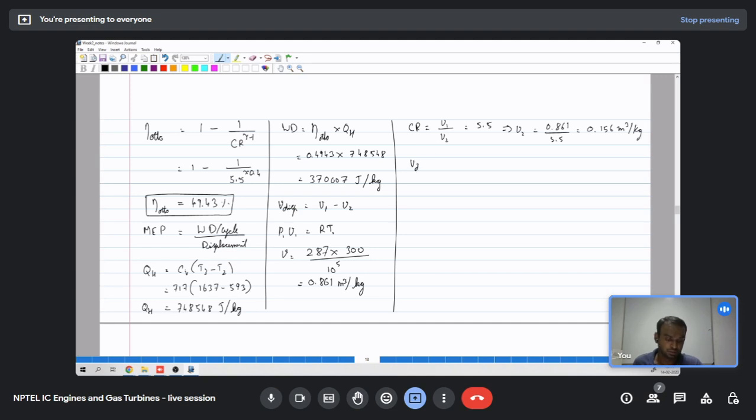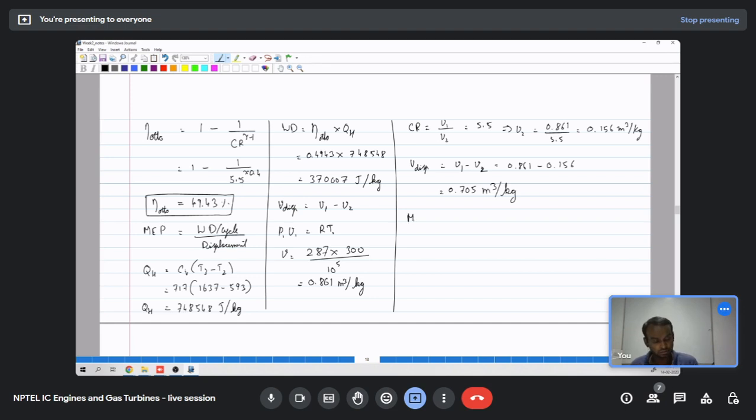Now V displacement is equal to V1 minus V2, which is 0.861 minus 0.156, so this is 0.705 meter cube per kg.